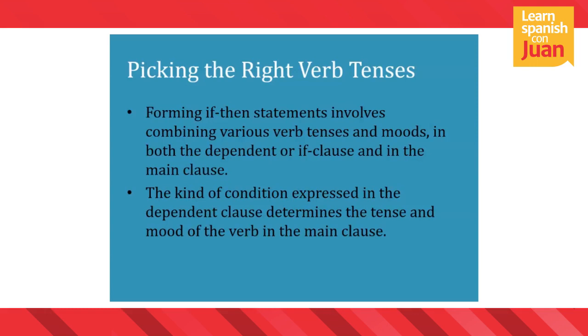Again, tense we're talking about present, past, future. Mood we're talking about subjunctive, indicative. So that if clause determines the tense and mood of the verb in the main clause. Okay, but that probably sounds pretty abstract. So what we're going to do is look at some examples of each of the 4 kinds of if clauses I just introduced, and I'll point out what verb tenses and moods should be used as we go along.